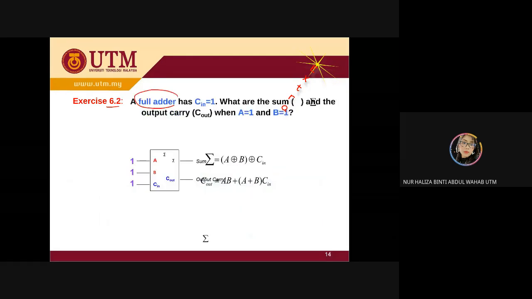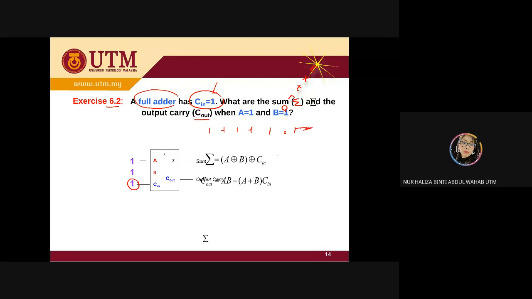Okay, next is our full adder. It has a C in of 1. This C in is already given, so it stays at 1. What are the sum and the carry out when A is 1 and B is 1? So it's easy for you. You can always add like this. You will get what? 1, 1, isn't it?